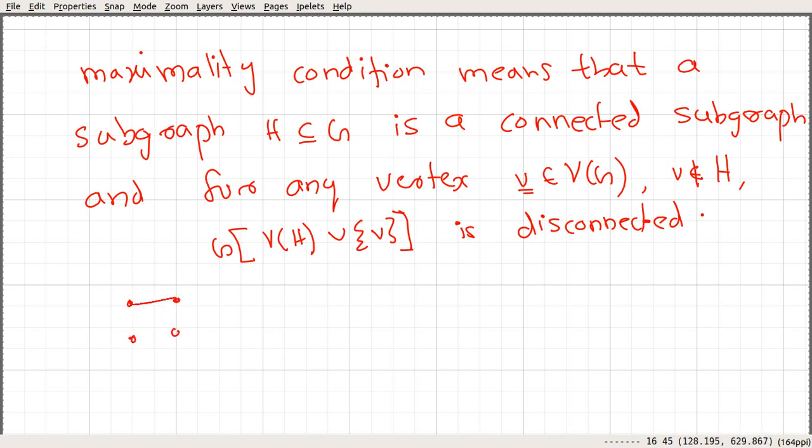Again let's consider the previous graph. We know this graph is disconnected. So what do you mean by a maximal connected subgraph?